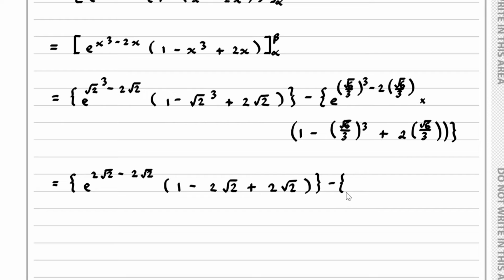For our lower limit, well, root 6 over 3 all cubed, that's going to be 6 root 6 over 27.